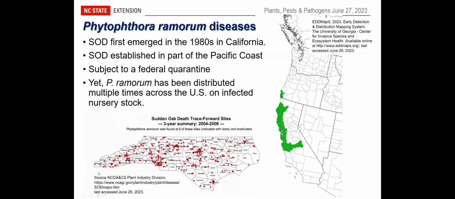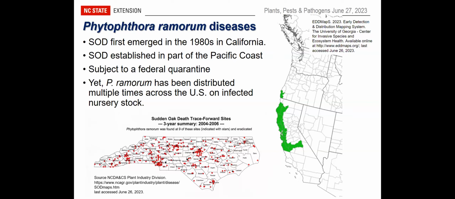Now, if you look at the NCDA website, you'll see the disease was detected at one North Carolina nursery dealer in 2008, and there again in subsequent years, despite eradication efforts and the application of other federally mandated protocols. And then monitoring continued after that.